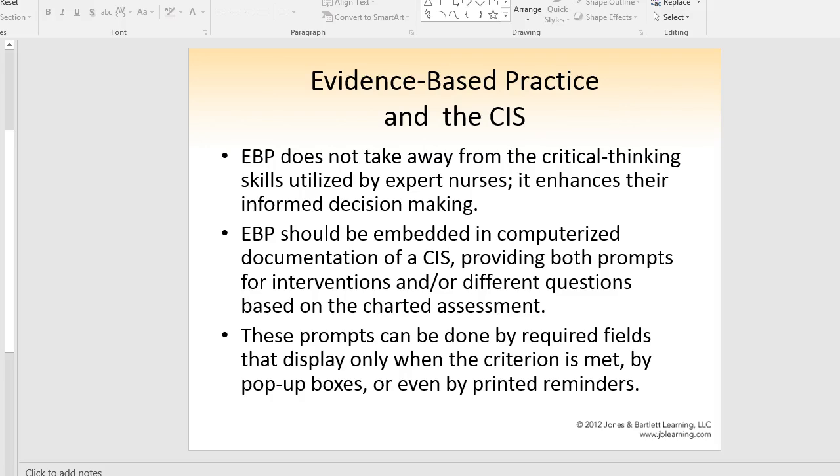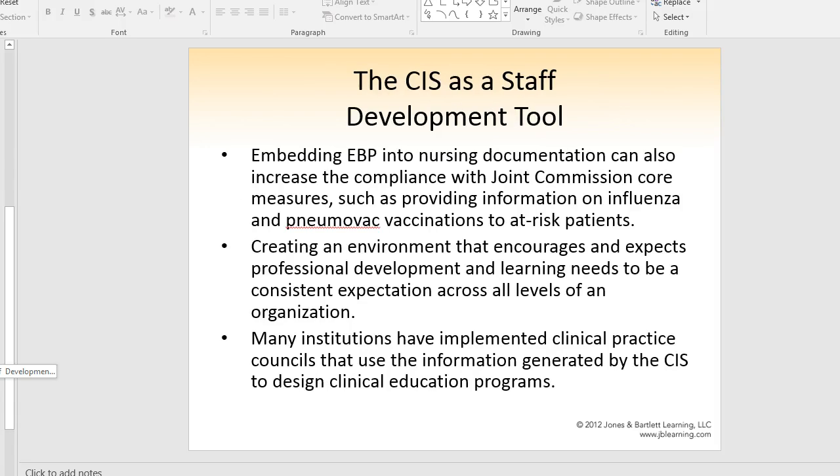These prompts can be done by required fields that display only when the criteria is met, by pop-up boxes, or even printed reminders. Embedding evidence-based practice into nursing documentation is also increasing compliance with JCAHO core measures, like providing information on influenza and pneumo vaccines to at-risk patients, being prompted to give them their flu shot.